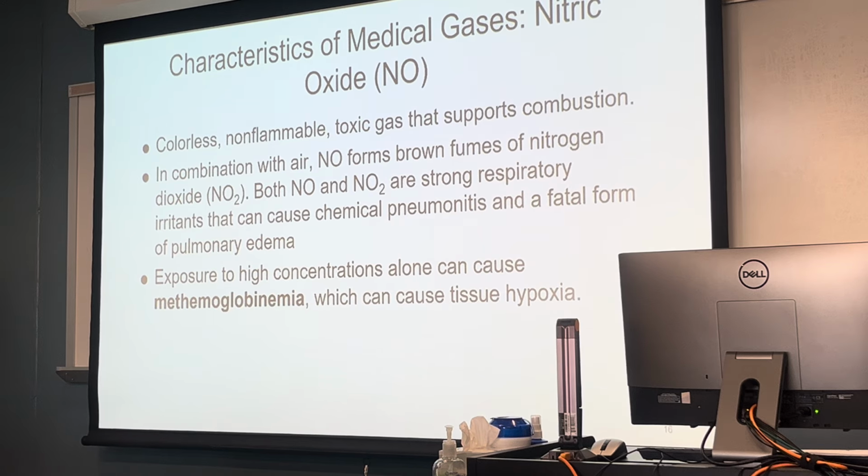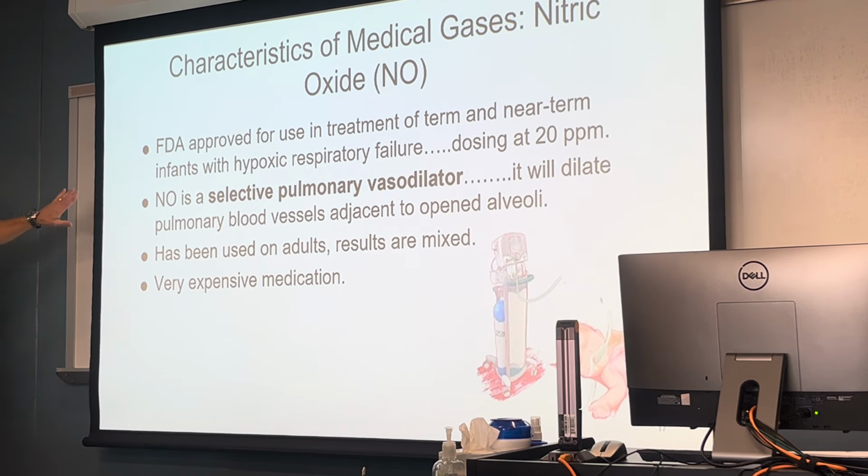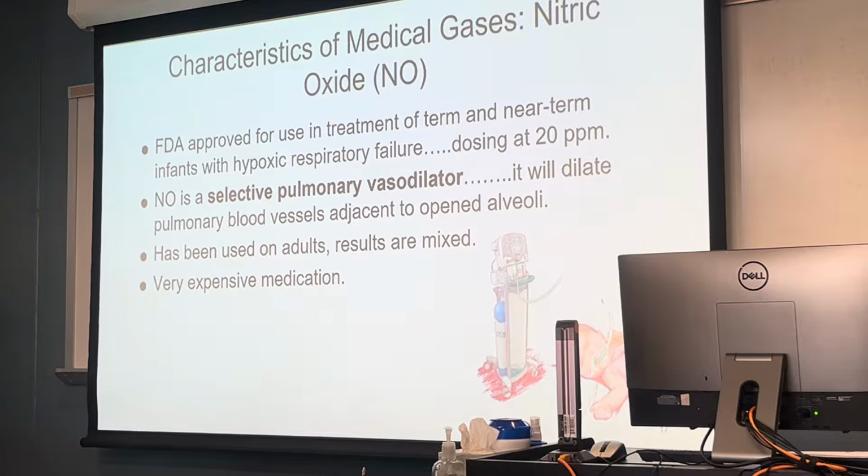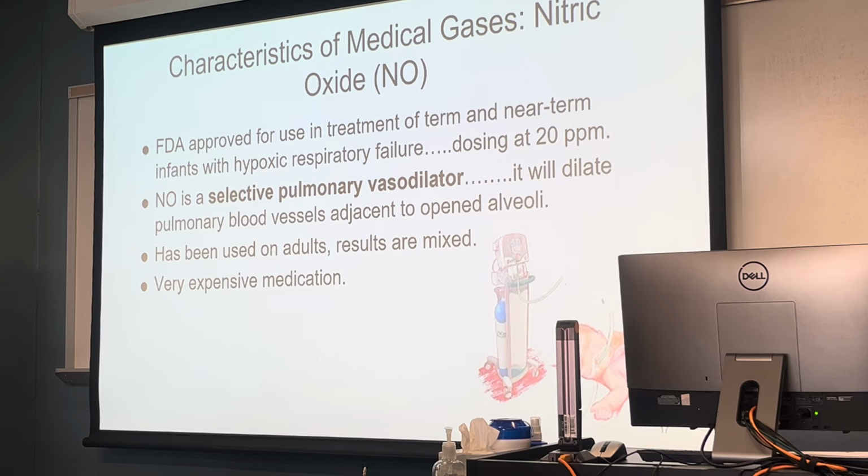So what's its purpose? Mainly used, FDA approved to be used on term or near-term infants with hypoxic respiratory failure. Specifically those who have pulmonary hypertension. What does the word hypertension mean? High blood pressure. But for this, pulmonary hypertension means it's just the pulmonary circulation where the pressure is high.